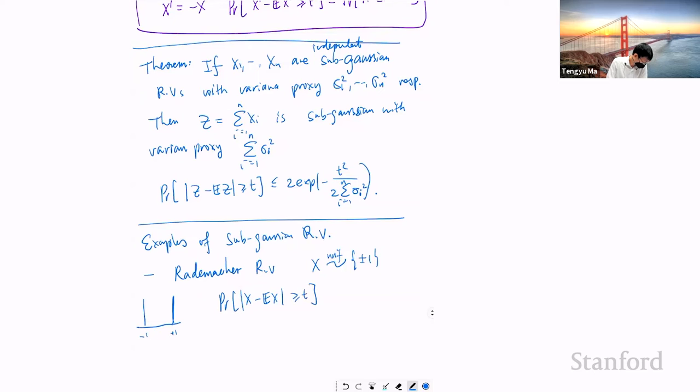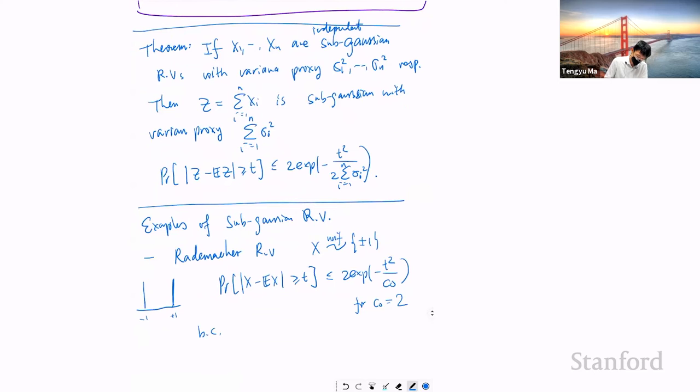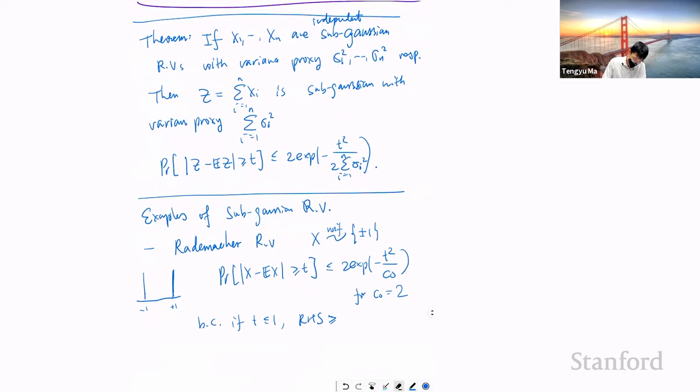And technically, you can prove that the probability that |X| is larger than t is less than 2 exponential minus t squared over a big constant c0, for c0 being O of 1, maybe let's say 2. This is because if t is less than 1, then the right-hand side is equal to exponential minus 1 over c0, and if you take c0 to be a big constant, maybe 2, then the right-hand side is bigger than 1, so that's always true.